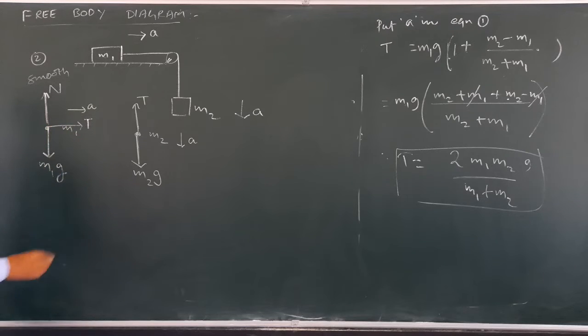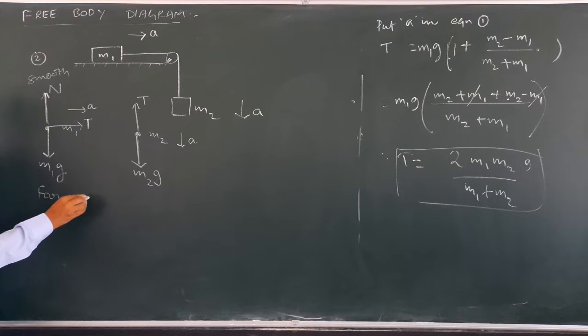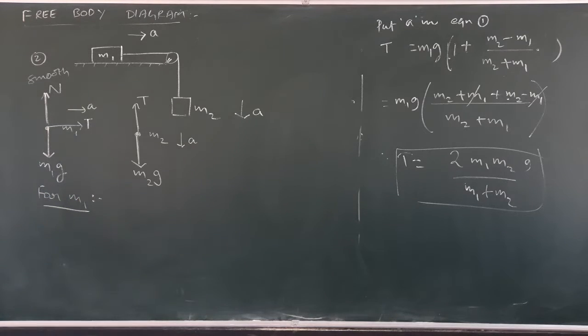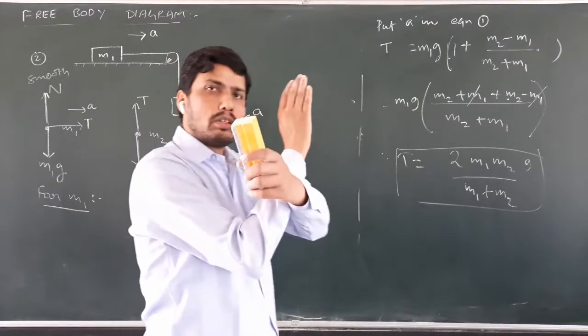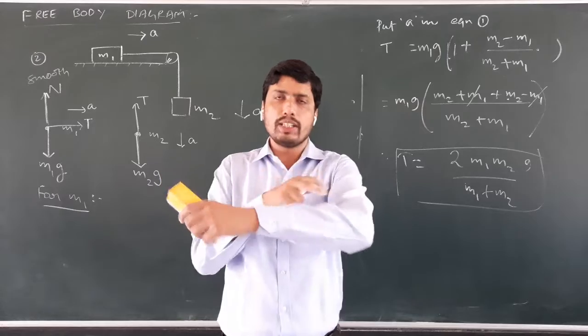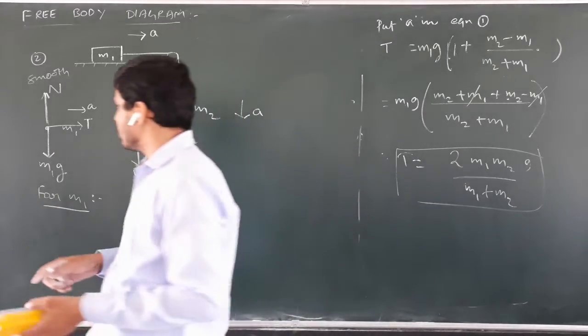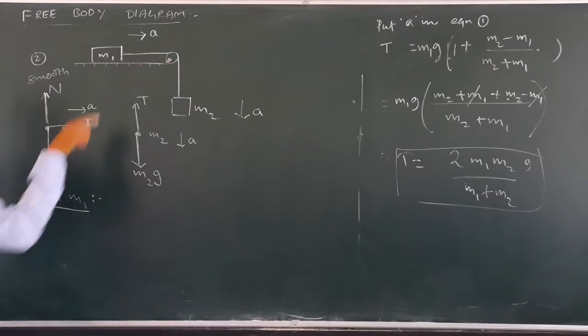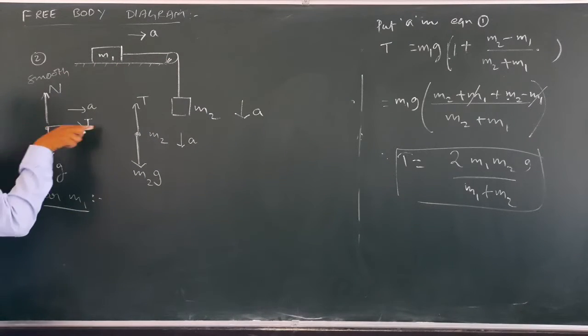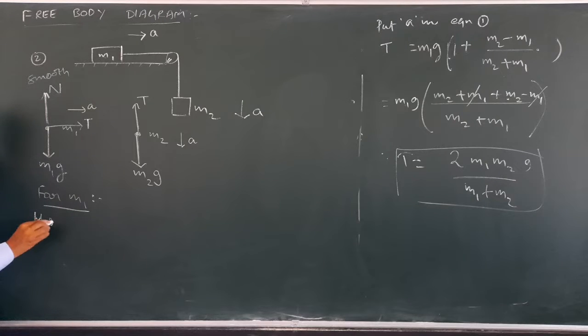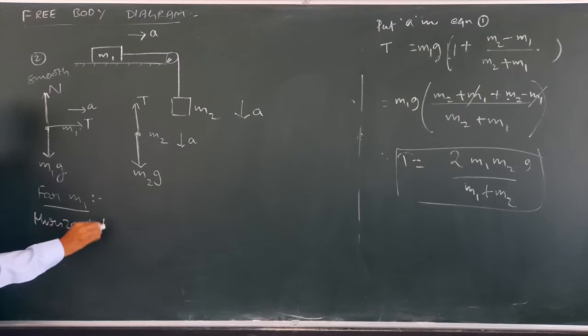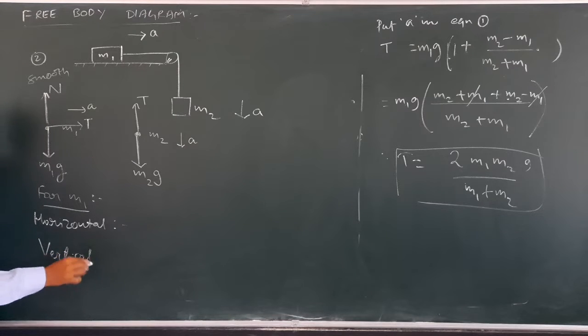Let us first write the equations for m1. For m1, as I have discussed, for writing the equations you have to consider two different directions. These two directions should be perpendicular to each other. One of the directions should be in the direction of motion, other direction should be perpendicular to the direction of motion. Here the motion is in horizontal direction. So along the horizontal direction, and other one is vertical direction.